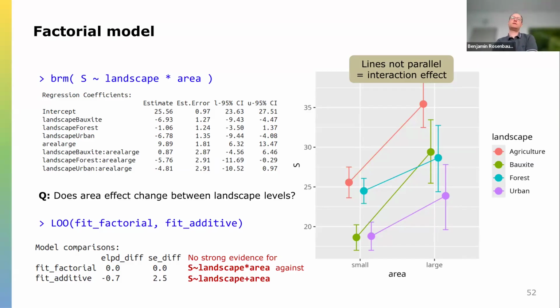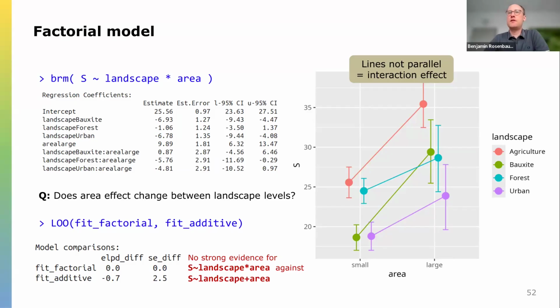So here you definitely should translate your research question into something you can get from model predictions or from model comparison. So if the question is, does the area effect change between landscape levels, then I compare this full factorial model to an additive model where the area effect does not change between landscape levels.